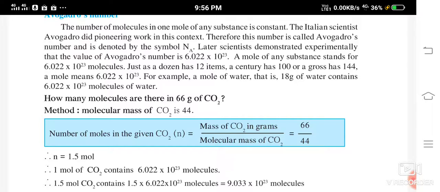How many molecules are there in 66 grams of carbon dioxide? You're going to calculate how many molecules will be there in 66 grams of carbon dioxide. Now see, I will tell you.